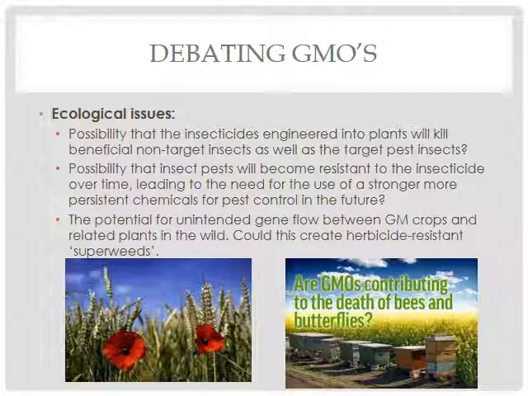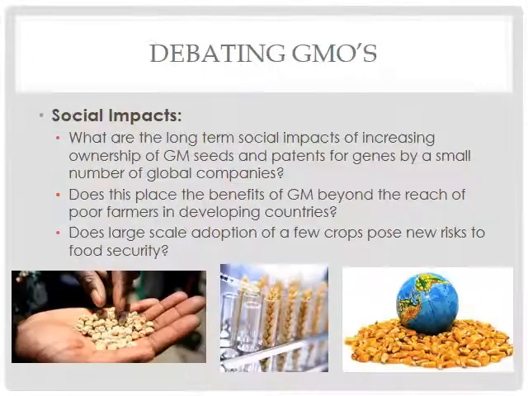What I will point out though is that we can classify our issues under certain categories. So for example, we have debates based around the ecological issues of genetic modification. We also have debates based around some of the social impacts related to genetic modification.